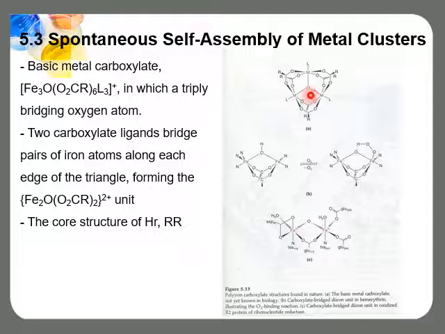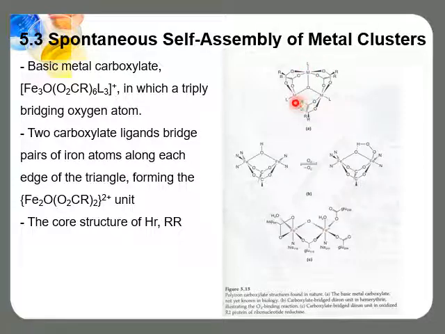Oxygen can bridge to two ions, and also it can be bridged to three ions. And there are 1, 2, 3, 4, 5, 6 bridging carboxylates. As you know, the carboxylate has two oxygen centers, so it can be coordinated not only to one ion but also to two different metal ions at the same time.